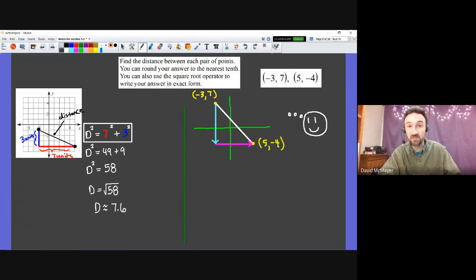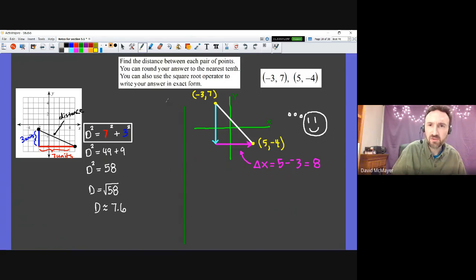And to find the horizontal distance, I've got to think about the distance between the x values. So the distance between -3 and +5. That's 8. I could do 5 minus -3 to calculate that, or I can just think, this little distance here from x equals -3 to 0 is 3, and this other distance from 0 to +5 is 5. 3 plus 5 is 8.